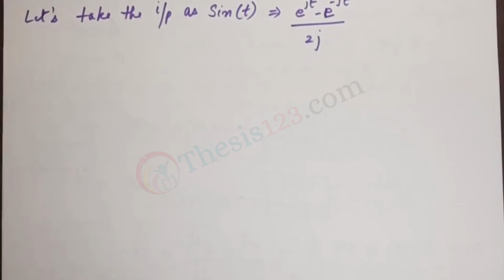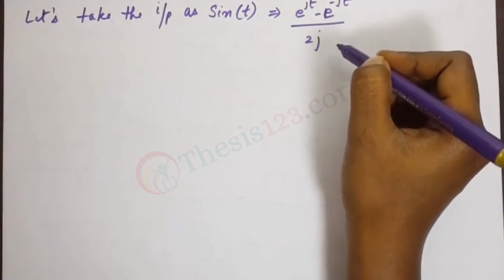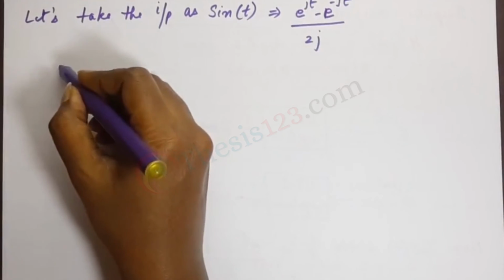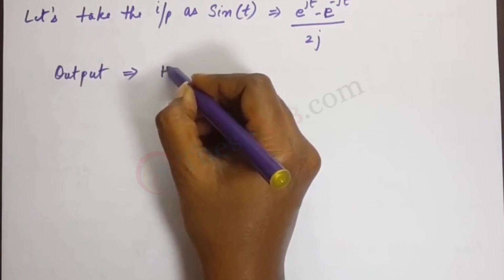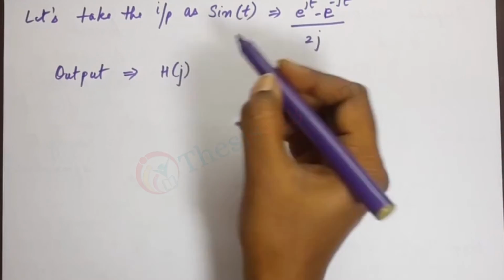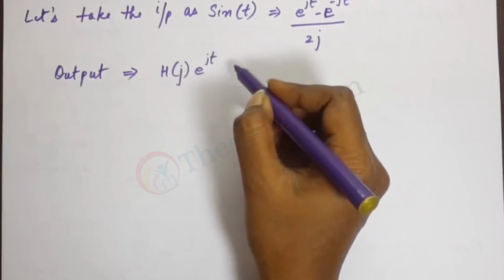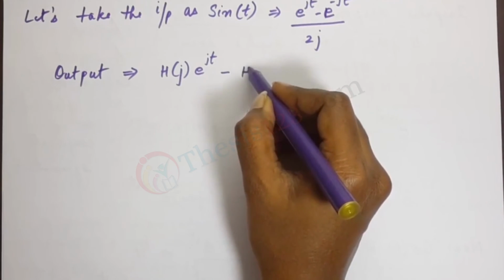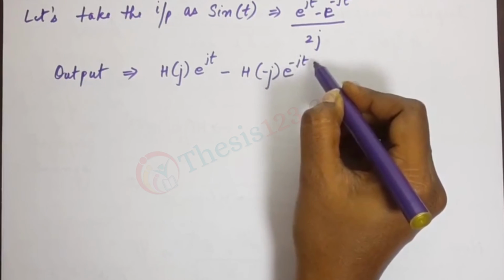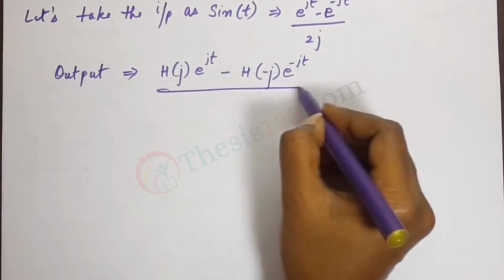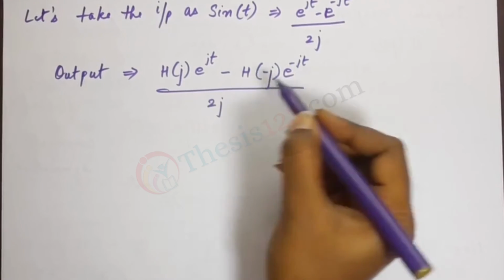You should note that the denominator has the complex term 2j. Okay, so if we give this as the input this time, what happens to the output? Now the output would be (H(j) times e^(jt) minus H(-j) e^(-jt)) divided by 2j.